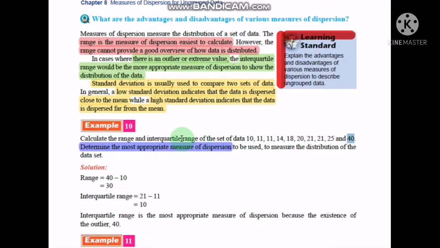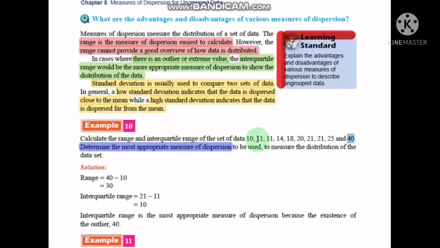Okay, now let's look at the next one here. Example 10 asks you to determine the most appropriate measure of dispersion to be used to measure the distribution of the data. You already know there are four types of measures of dispersion, right? Which are range, interquartile range, variance, and also standard deviation.